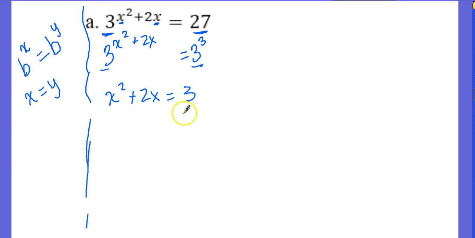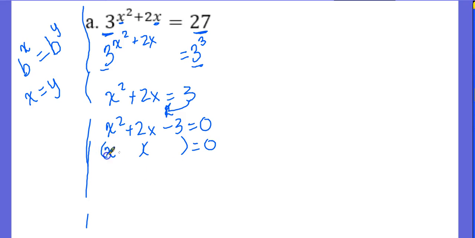Since it's quadratic, I'm going to have to use my quadratic formula or my factoring skills and find my zeros. So we're going to subtract 3 and move it to the left. And this is easily factorable, so let's not go to the quadratic formula. We'll open up our binomial pairs, break up our x squared into x times x, and stop and think.